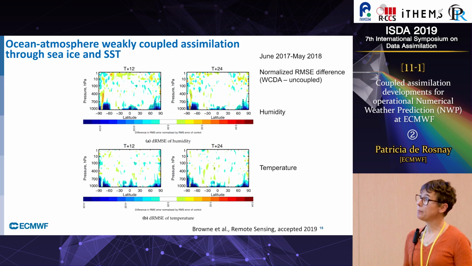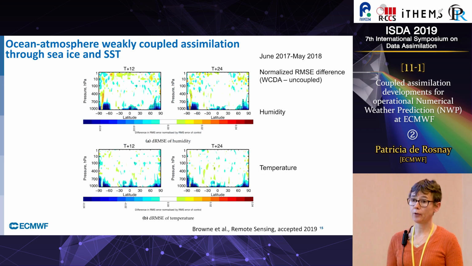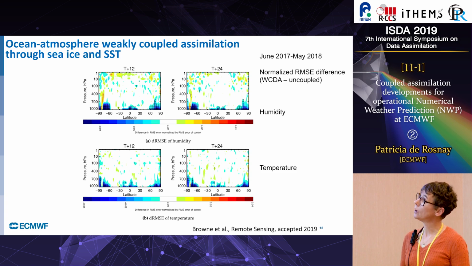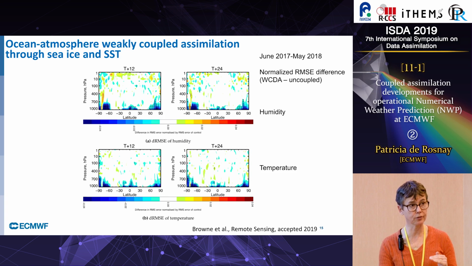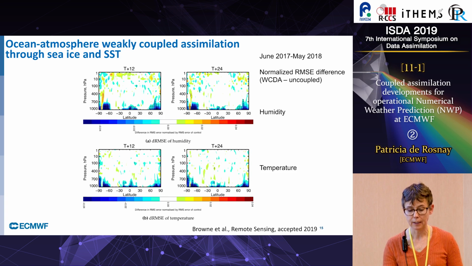This slide shows the impact of the weakly coupled assimilation implementation on the forecast of temperature, 12-hour, 24-hour, also for temperature at the bottom, and humidity at the top. And we can see blue is a reduction, and dark blue is a significant reduction of the error.